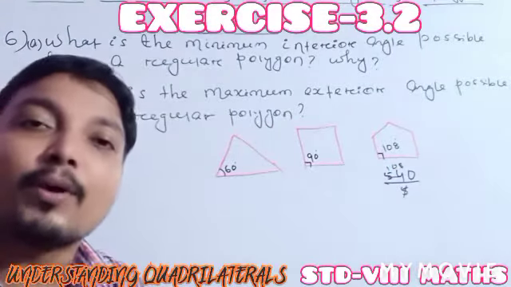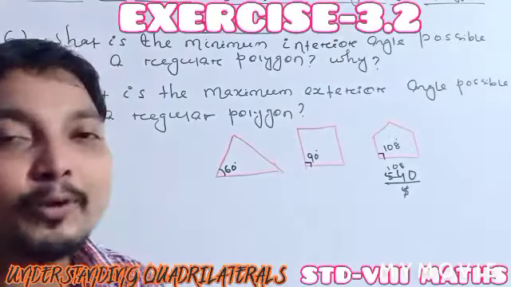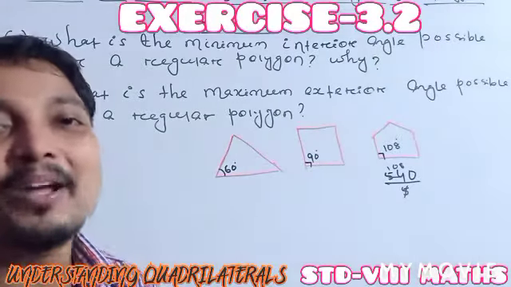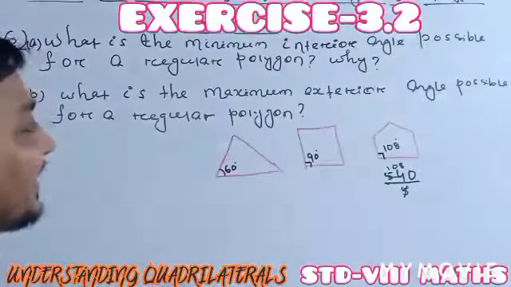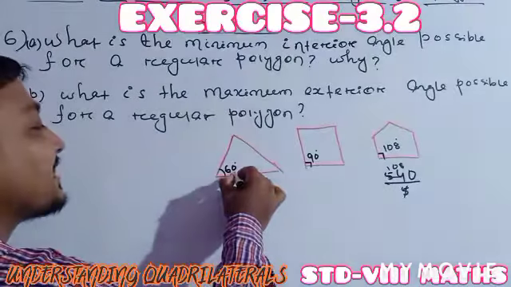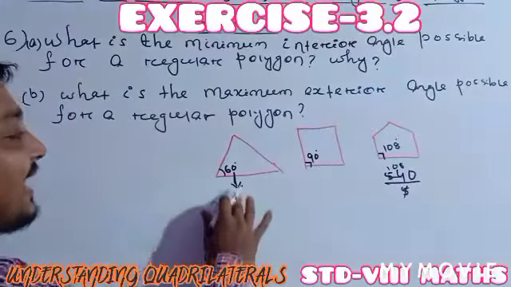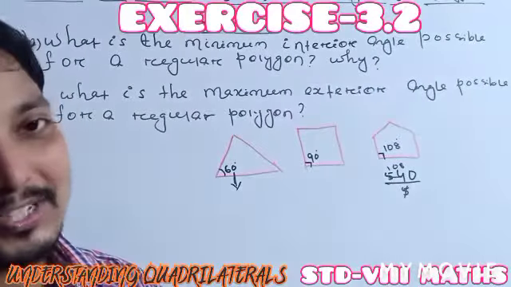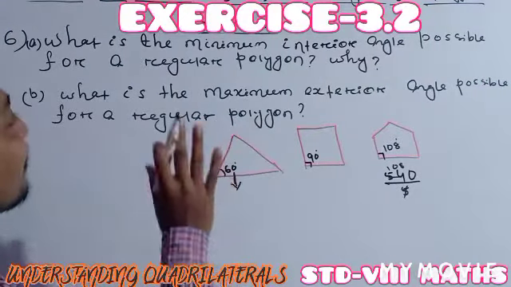So whenever the number of sides of the polygon is increasing, each interior angle is also comparatively increasing. Understood or not understood? So for which one is it the smallest angle? This one, the regular polygon having 3 sides, with interior angle 60 degrees. It is the minimum angle. So the question asks, what is the minimum interior angle possible for a regular polygon?